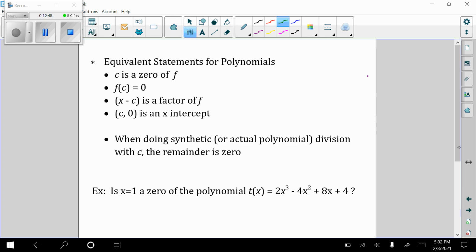All right, so equivalent statements of polynomials. If you start here, x minus c is a factor of f if the remainder is 0 when you synthetically divide. So if that's the case, (c, 0) is an x-intercept. Intercepts are always written as ordered pairs.